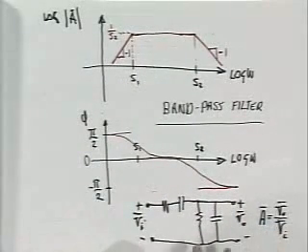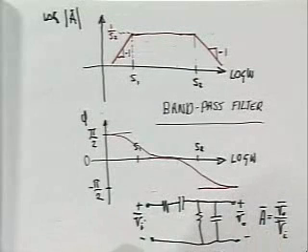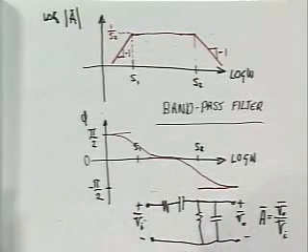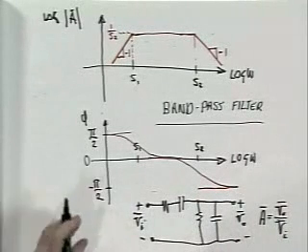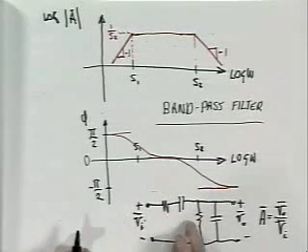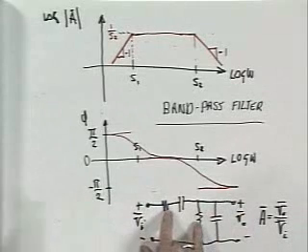And in the mid-range, this capacitor looks like an open circuit, this capacitor looks like a short circuit, and I just have a voltage divider to the output. Actually, as I drew the transfer function, S over S plus S1 times S plus S2, I disregarded a constant in there, which in mid-band, you see, the voltage transfer ratio here is 1/2.